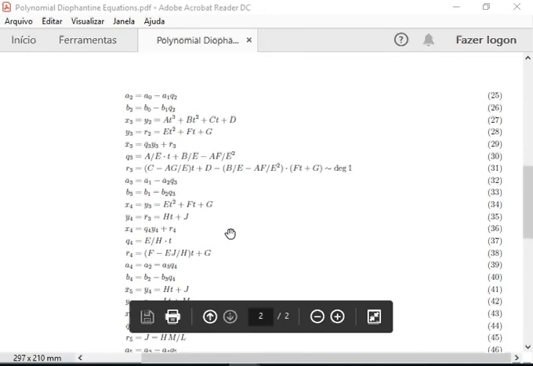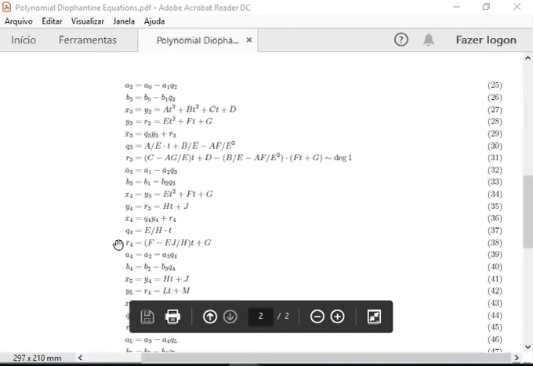We divided x4 by y4. Who is q4? Divide E by H times t plus 0. Who is r4? Take Ft plus G and subtract E over H times t times J.